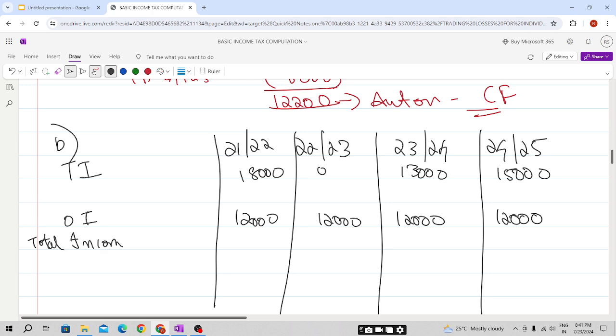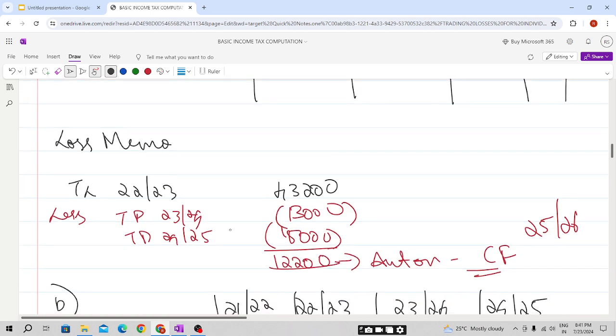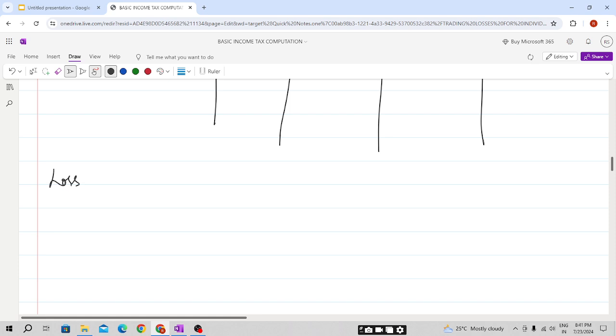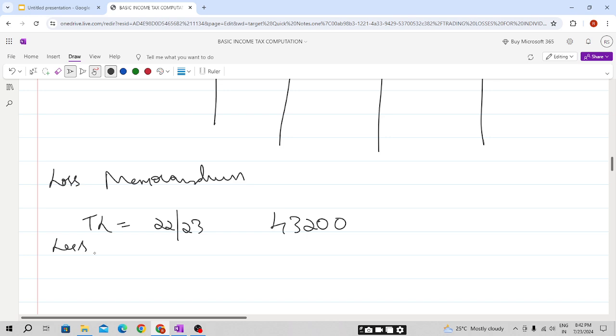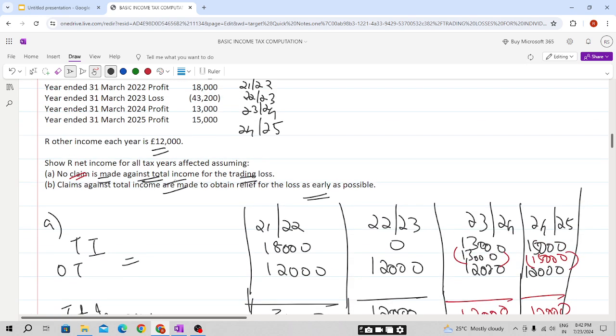Before that, we need to claim the relief. Now students, first we will record our loss memorandum. Trading loss in the tax year of 22-23 is 43,200. Now we will see where we claim it. It is mentioned in the question that we need to claim the relief as early as possible.